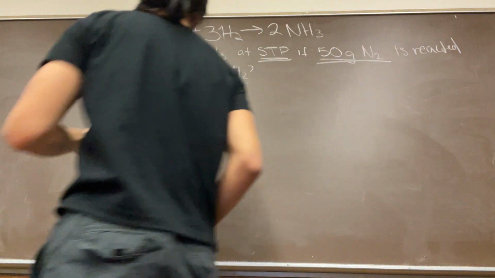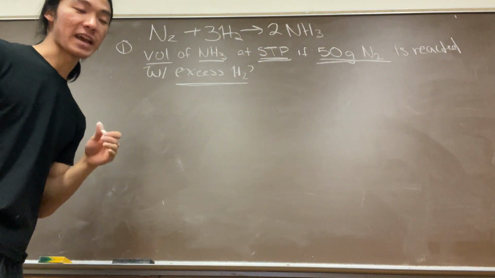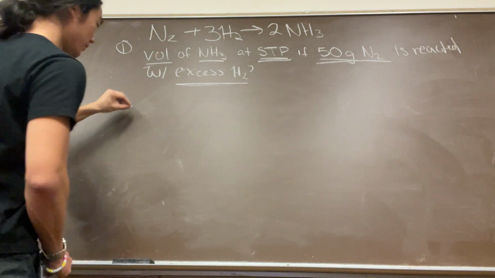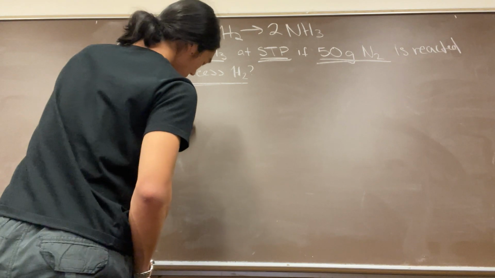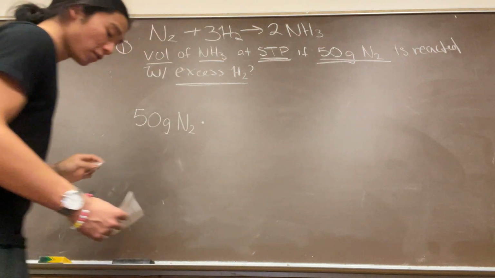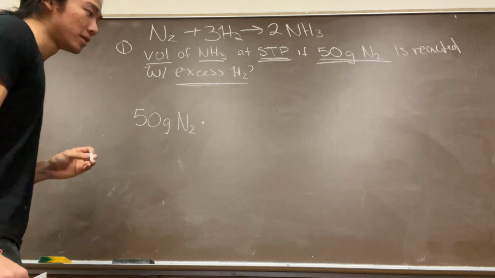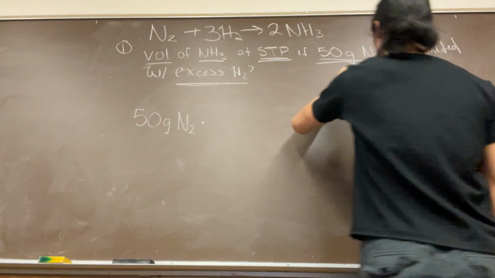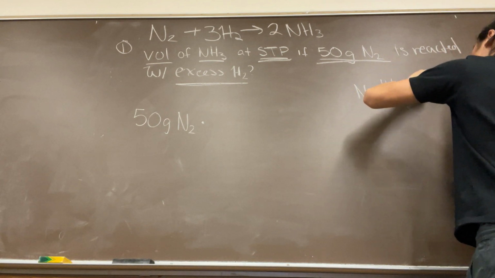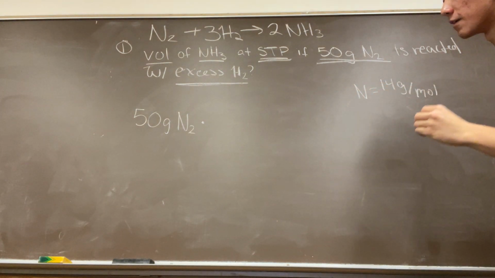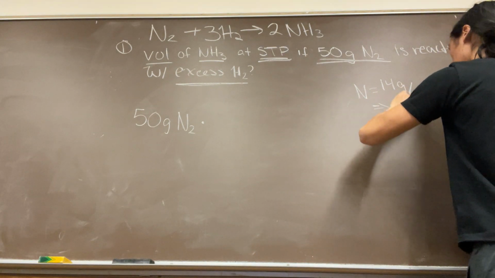So now I want to convert this into moles, because we can't react the weights. We have to react how many of each thing there are. So 50 grams of N2. We know from the periodic table that nitrogen itself is 14 grams per mole, which means that when we have 2 nitrogens attached to each other, we have 28 grams per mole.